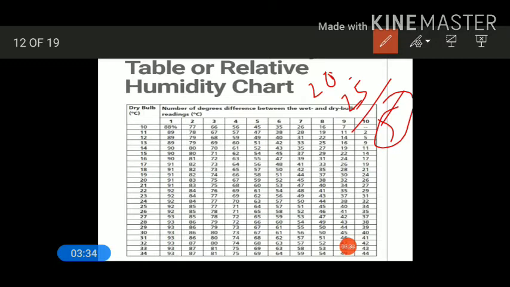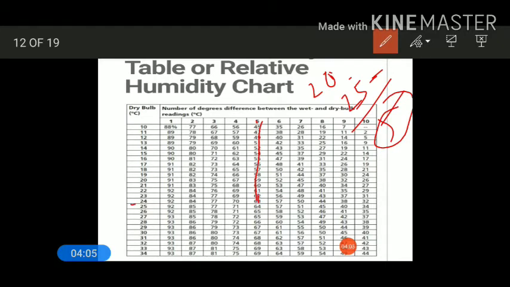Now what we have to do is look in the column of dry bulb temperature. We know that the dry bulb temperature is 25, so we go to the particular 25 where it is written here, and the difference is 5. So this is the difference 5. We need to bring this line down to the particular row where 25 is.